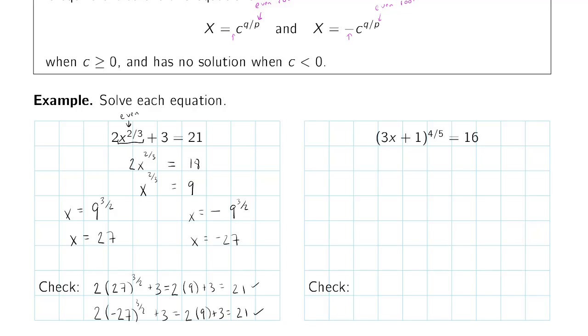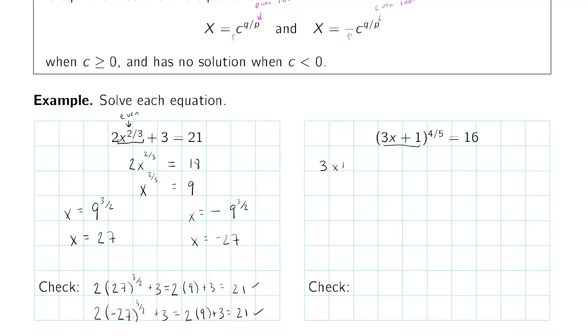In this next example, we have 3x plus 1 all to the 4/5 equals 16. So my 4/5 power is already isolated. So eliminating that is going to be my first step. And it gives me two solution paths.